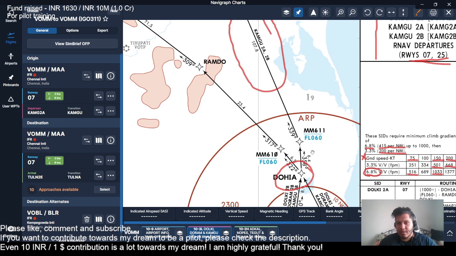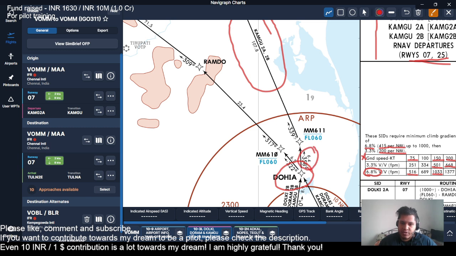You don't have to follow, the flight computer will follow, but in case of an emergency, or in case anything happens where you cannot follow the NAV mode or NAV green mode, you can use this also. 6.4 nautical miles, 358 degrees.